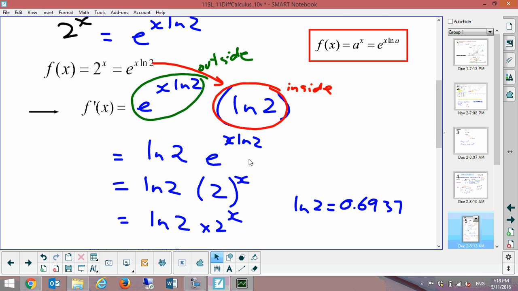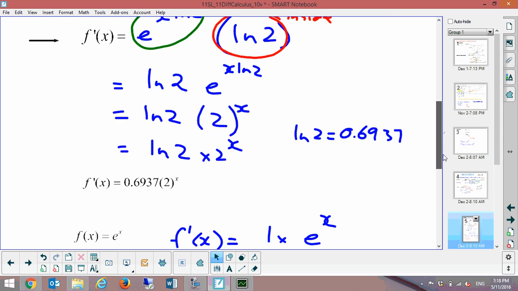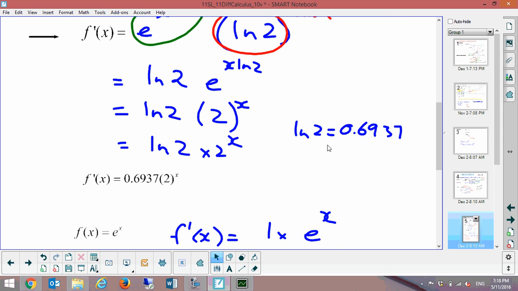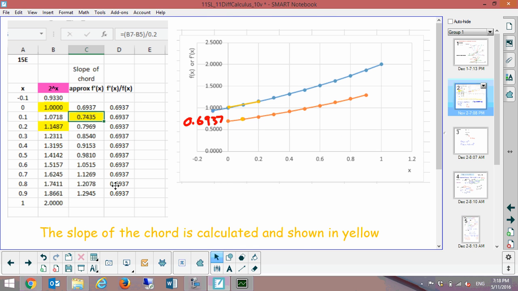So now we know that the derivative has an ln of 2 at the beginning. We can now swap this back for our 2 to the x. So if f of x is 2 to the x, the derivative function is ln of 2 times 2 to the x. And when we put ln of 2 in our calculator, we come out with 0.6937, which is the number that we came up with here.